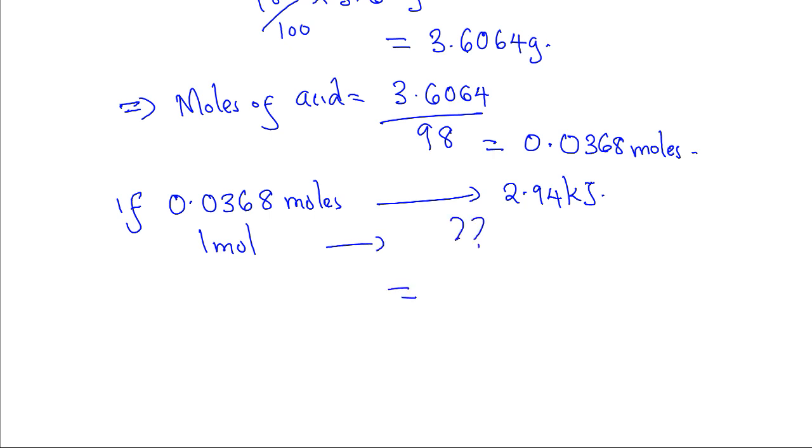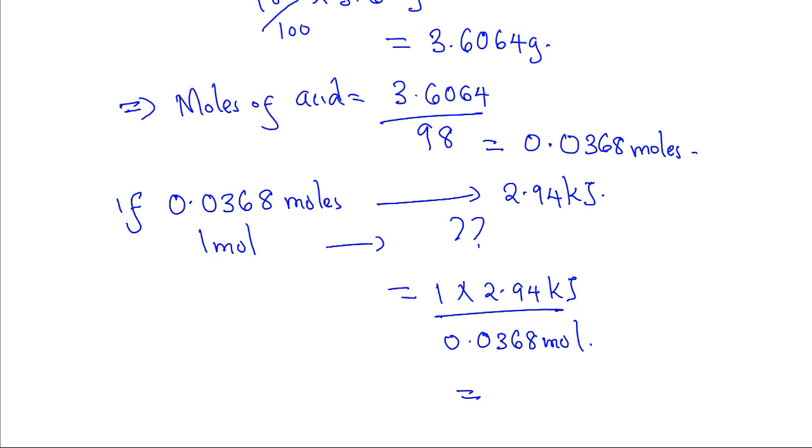So that will give 1 times 2.94 kilojoule over 0.0368 mole. So we have 2.94 divided by 0.0368.